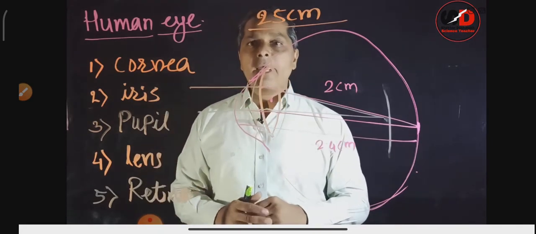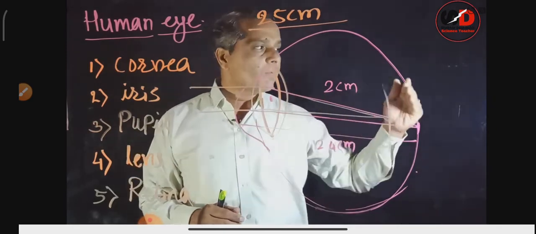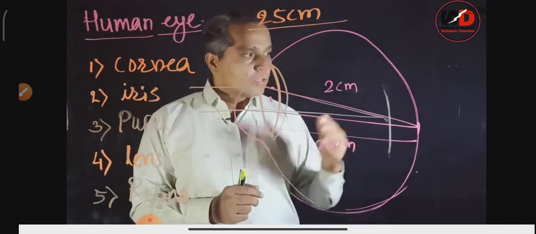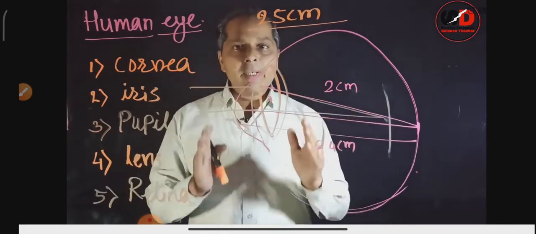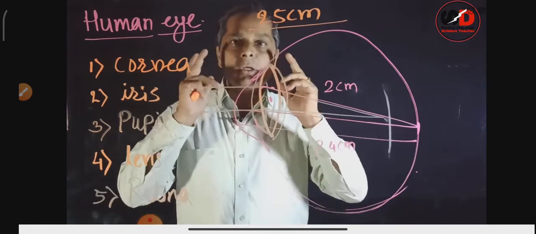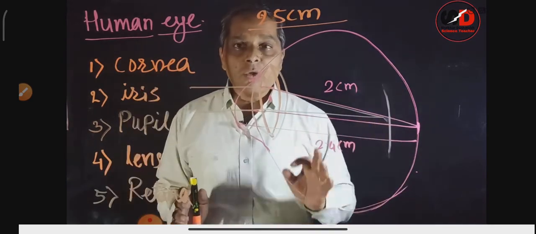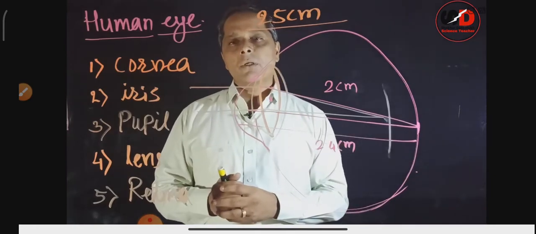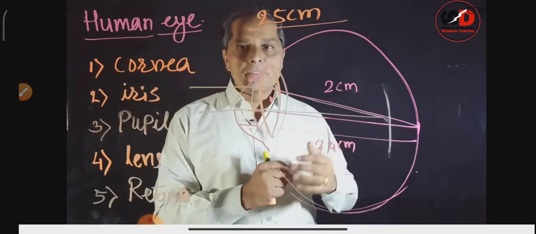That means whenever we are reading a book, we must keep the book at least at 25 centimeter. Because at less than that distance, we can read, but there is a stress on our eye. So the minimum distance of distinct vision is 25 centimeter. It is the near point. Similarly, there is a far point also.